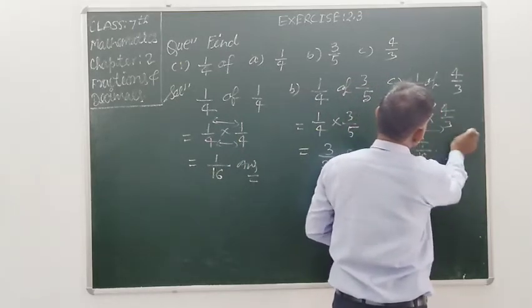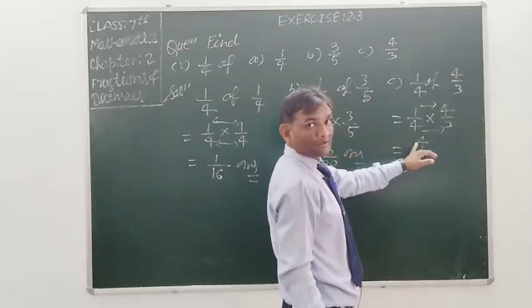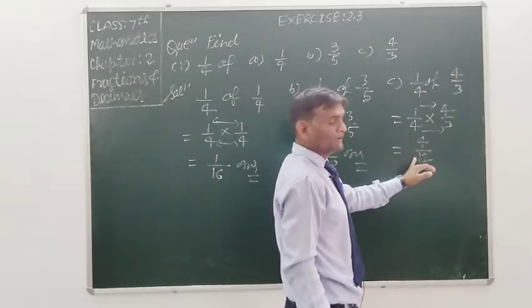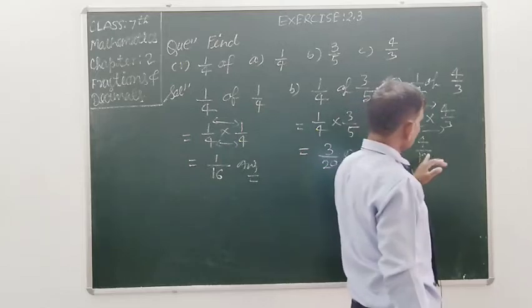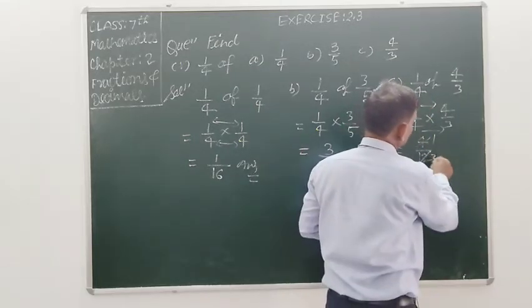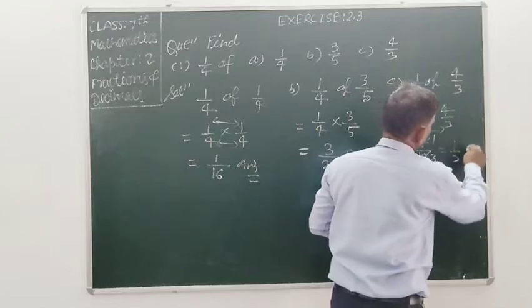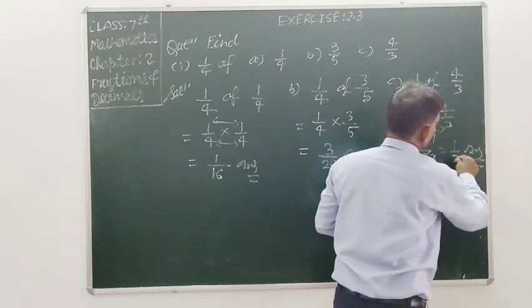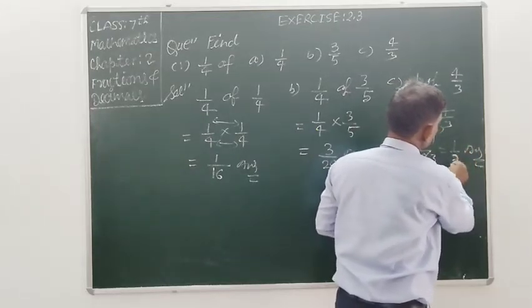It's my answer. If you want to write your product in simplest form, then you can cancel 12 by 4. 4 ones are 4, 4 threes are 12. That is 1 upon 3. It's my answer. It's 1 upon 3.